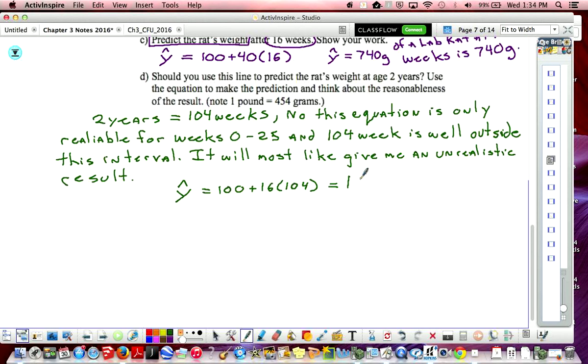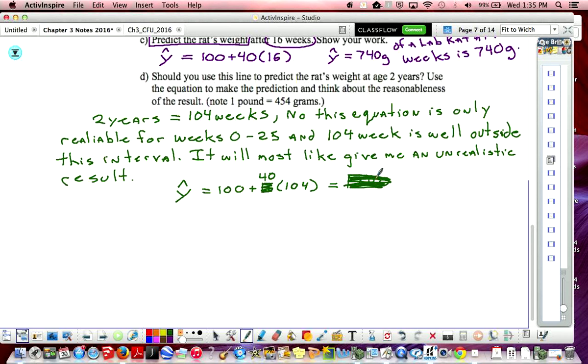Whoa, it would be more than that, wouldn't it? 1,740 grams? Oh, I'm sorry. Why was I putting 16?